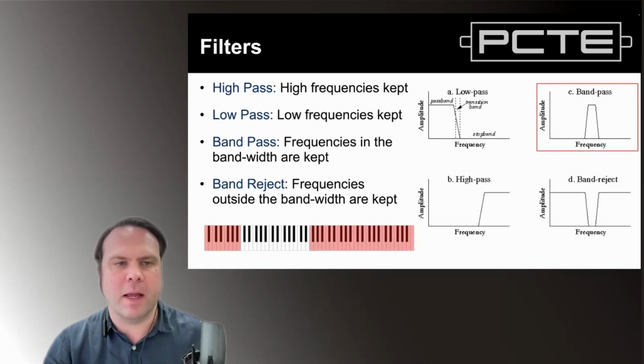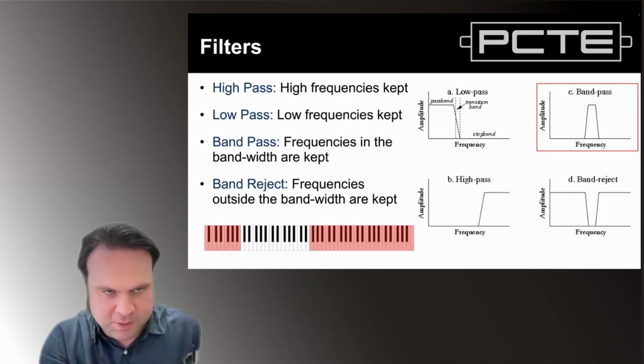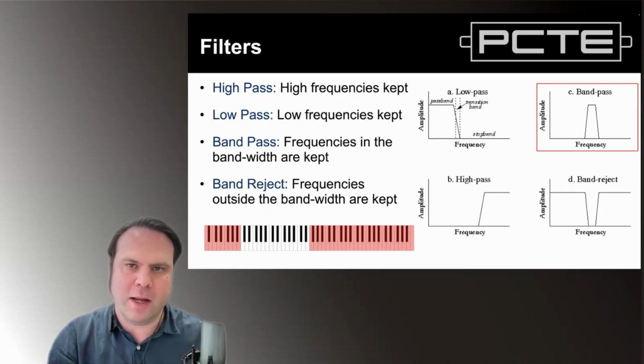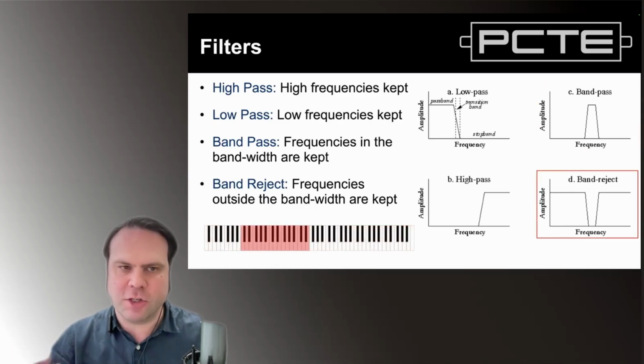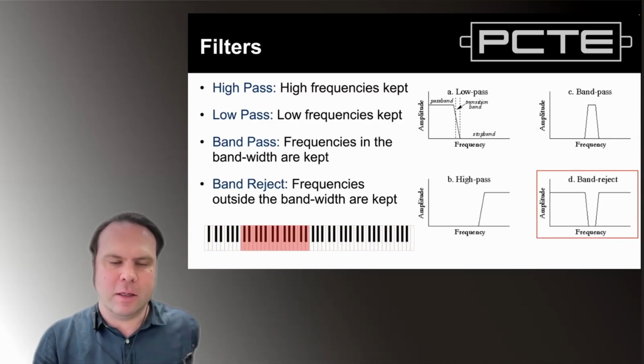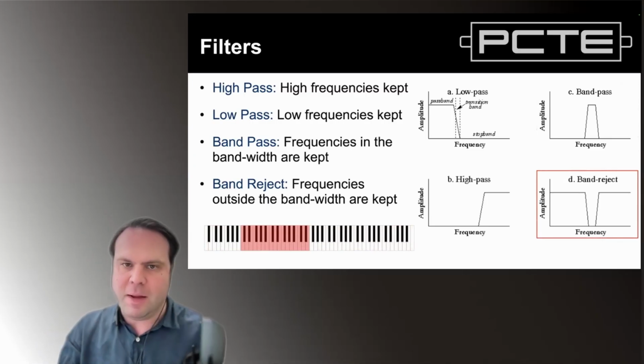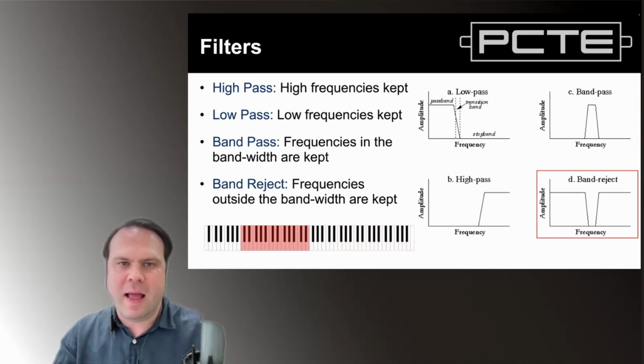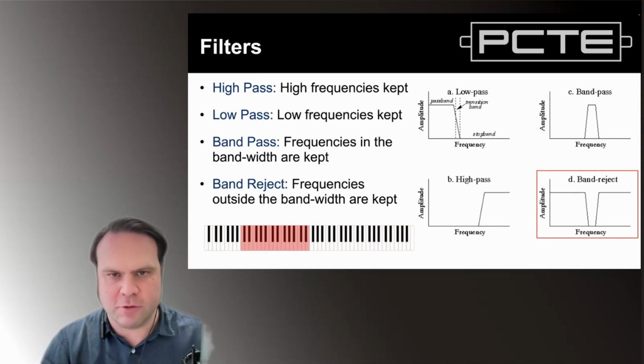Band pass is a combination of both, chopping off frequencies below and above the white pass region. And the band reject is the inverse, allowing the low frequencies, attenuating all of the frequencies in between the two set points, and allowing through the high frequencies as well.